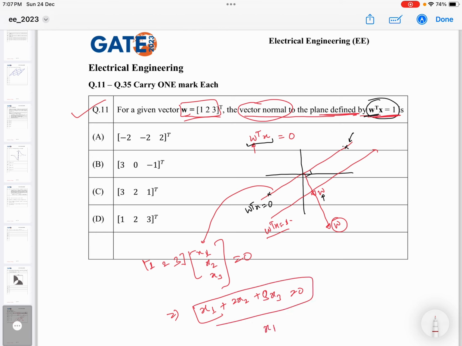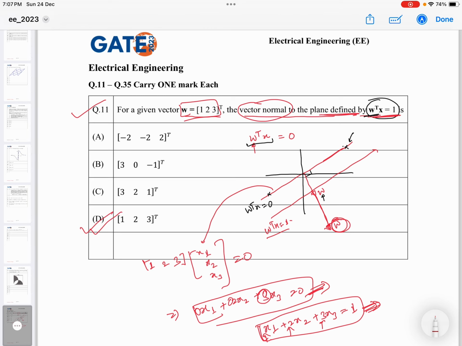And if we have x1 plus 2x2 plus 3x3 equal to 1, that is also the equation of a plane. And if you see, all these coefficients are the same. So this plane is parallel to this plane, this plane is passing through the origin, so these two planes are parallel. So if w is perpendicular to this plane, then w is going to be perpendicular also to this plane, right? So the correct answer for this is D.